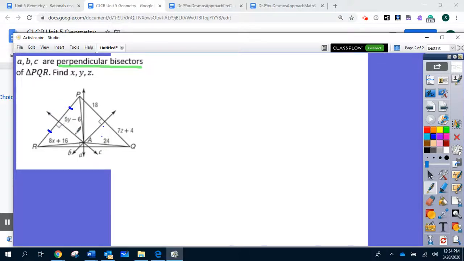We have one perpendicular bisector, this is C, another perpendicular bisector of the triangle, this is B, and the third perpendicular bisector of the triangle here is A. These perpendicular bisectors, as you can see, are intersecting at the point A, so this should be the circumcenter.